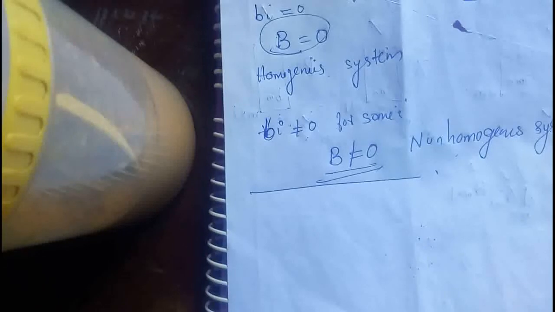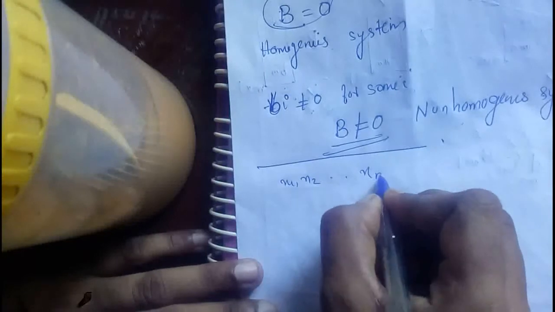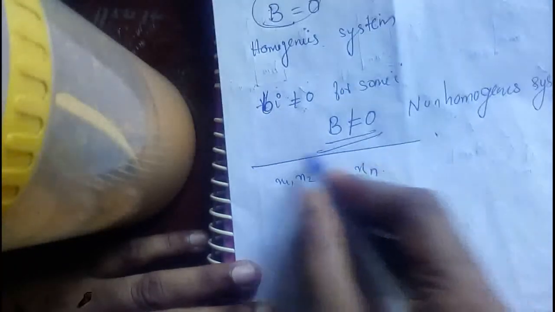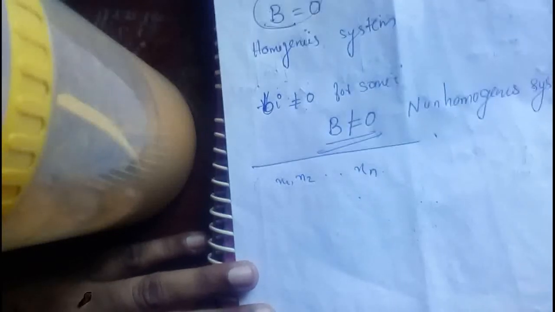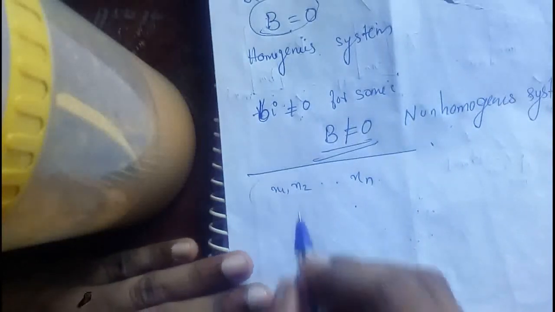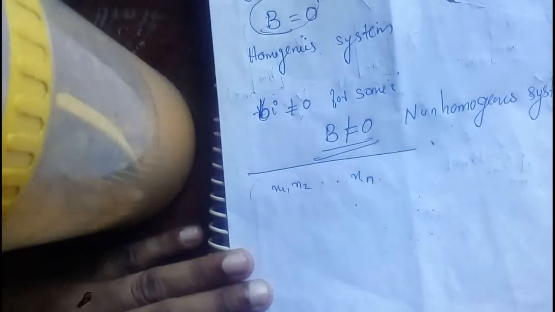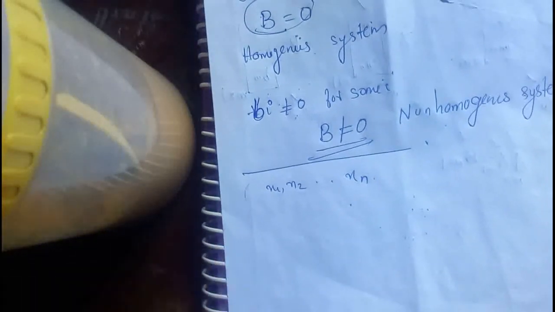A set of values x1, x2, etc., xn, these n unknowns that satisfy the m equations, is called a set of solutions of the simultaneous equations. So we have m equations and n unknowns, and we need to find a solution.